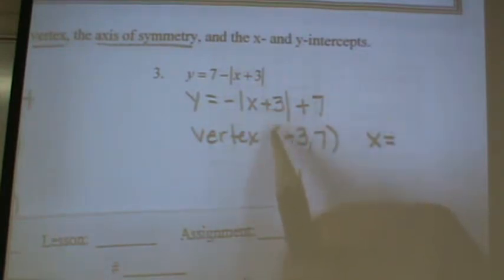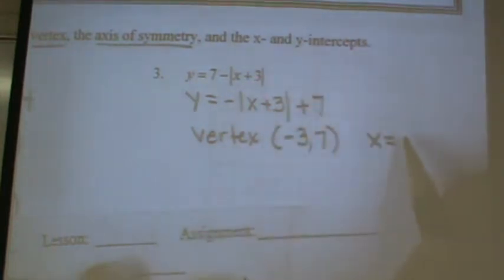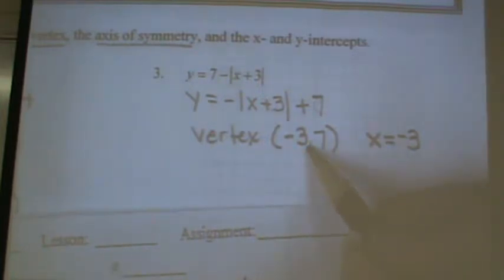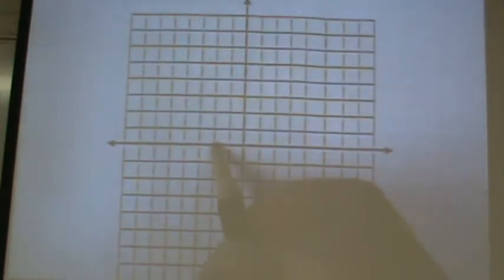Remember, you go 3 left? Oh, yeah. Okay, and x equals negative 3. And let's graph it. Where do you go? You're gonna go left 3, up 7. So let's go left 3, 1, 2, 3, and up 7. 1, 2, 3, 4, 5, 6, 7.